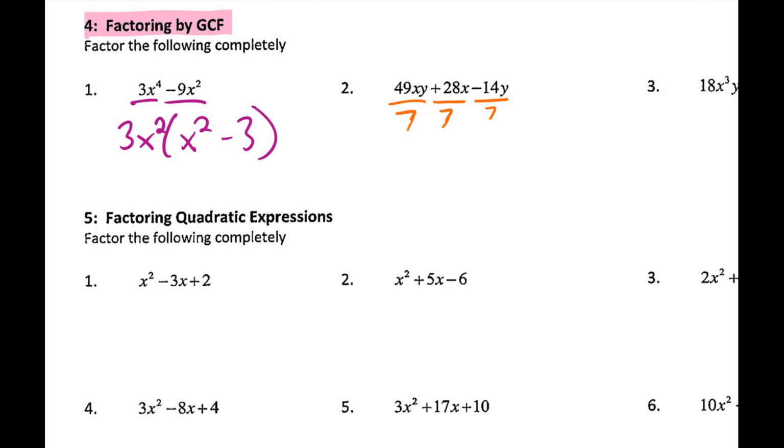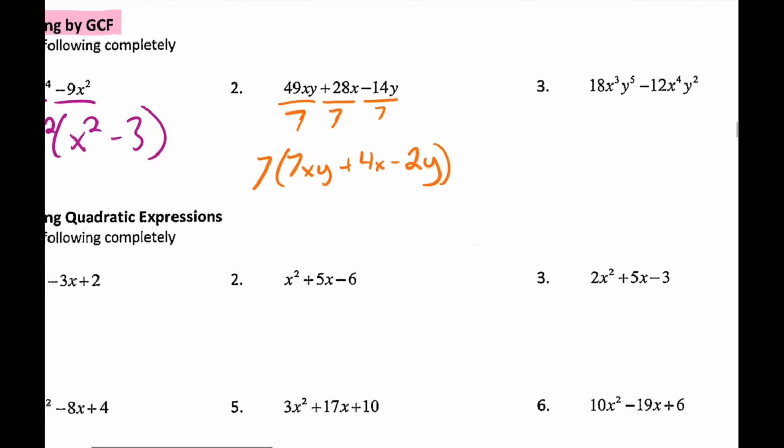They can also all be divided by x. Actually, they can't because there's no x here. They can't all be divided by y because there's no y here, which means the only thing we can do is take out a 7. And if we simplify each of those, we end up with 49 divided by 7 is 7xy plus 4x minus 2y. And all we did was took out a 7.